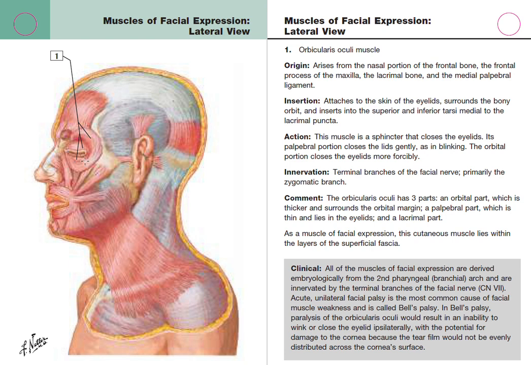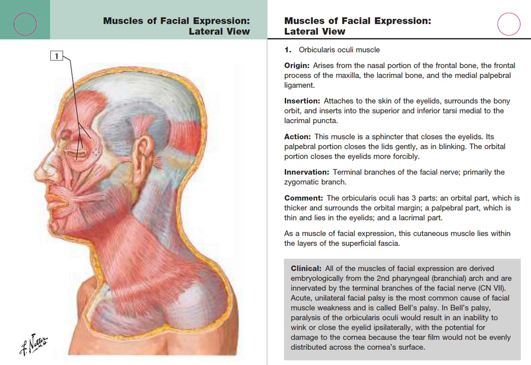The outward orbital portion closes the eyelids more forcefully. The orbicularis oculi is innervated by terminal branches of the facial nerve, primarily the zygomatic branch.